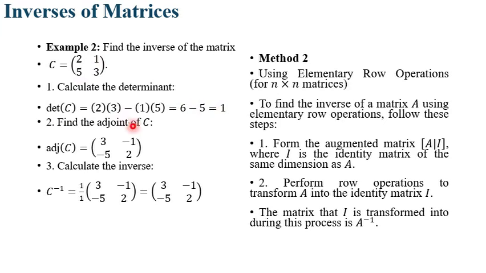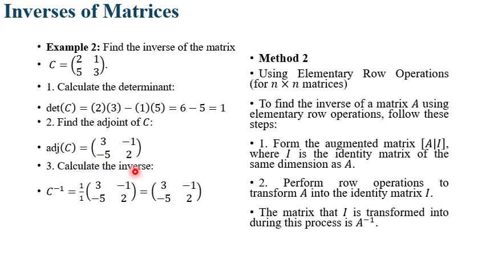So now find the adjunct of matrix C. So the adjunct of matrix C is found by interchanging these diagonal elements, and 3 comes up here and 2 comes down here. So then you also change the signs of the other diagonal, and a negative sign comes here and a negative sign comes here too.